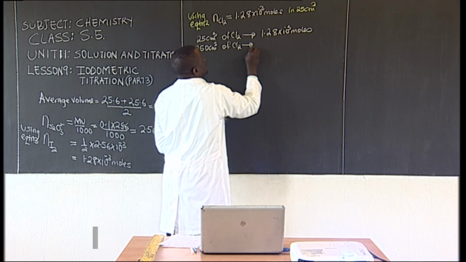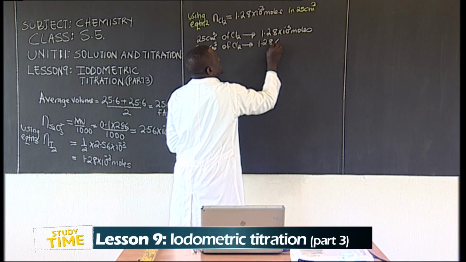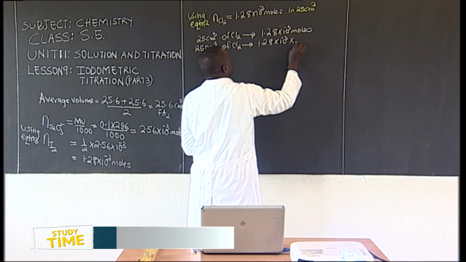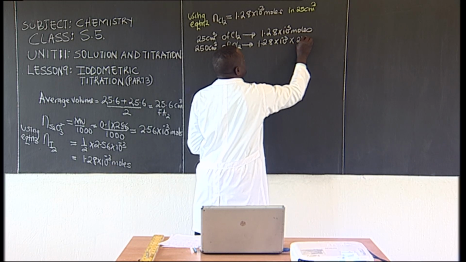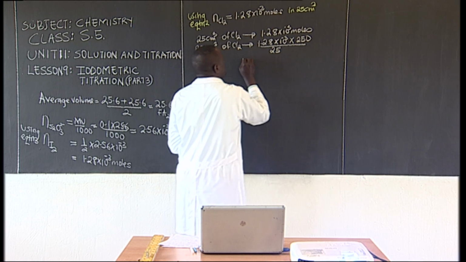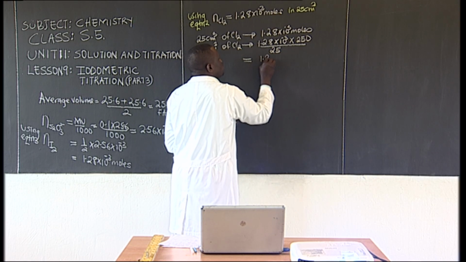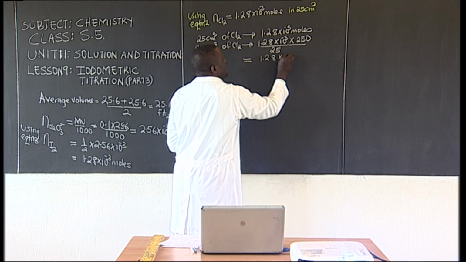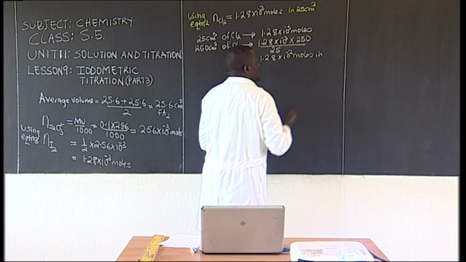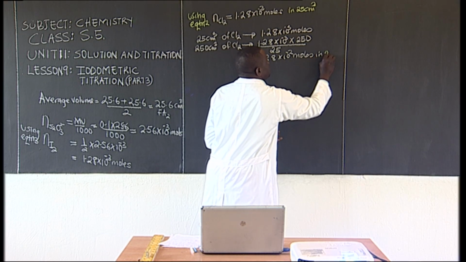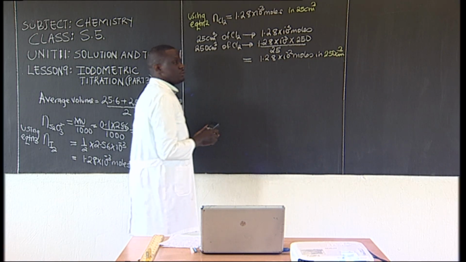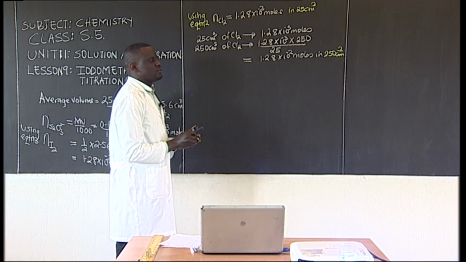It will contain 1.28 times 10 to the power negative 3 times 250 divided by 25. So our answer will be 1.28 times 10 to the power negative 2 moles in 250 centimeter cubed.